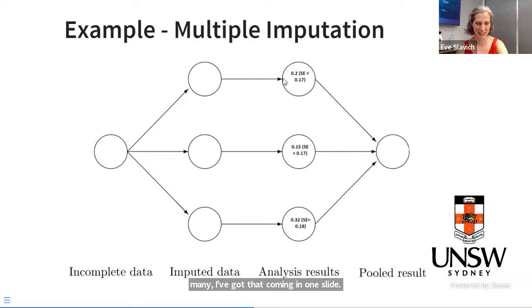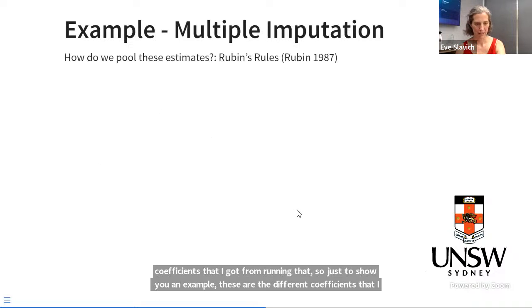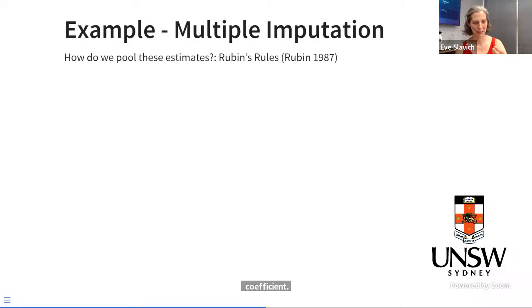So just to show you an example, these are the different coefficients that I got from running the education example different times. And each time I also got a standard error for my coefficient. And then we're going to go back to a pooled result. So I don't want you to worry too much about how we pool them.